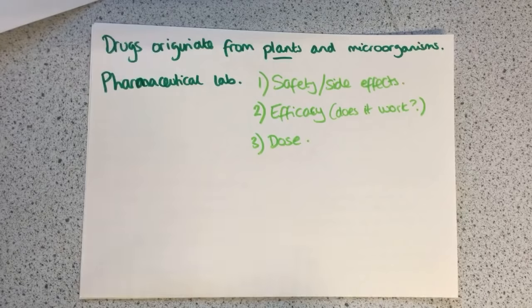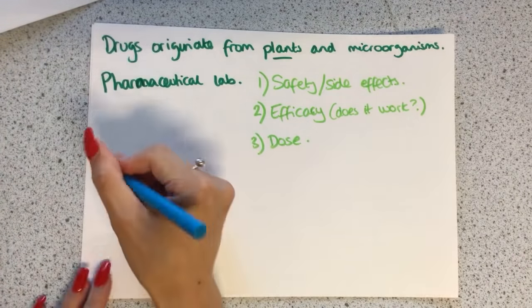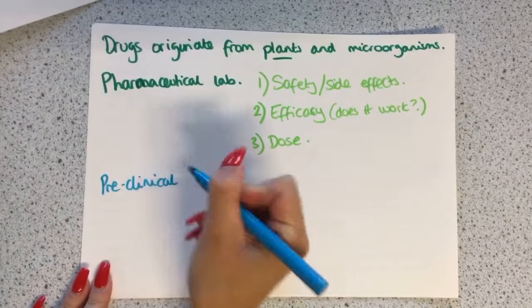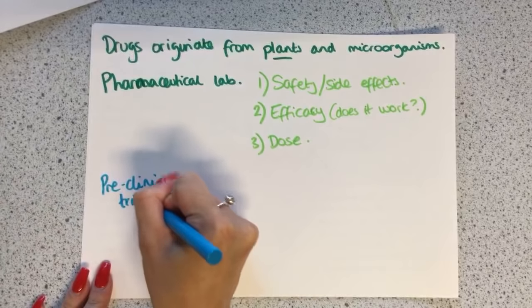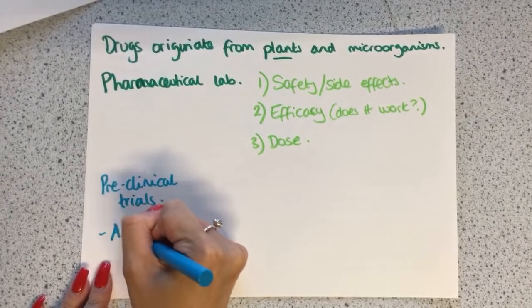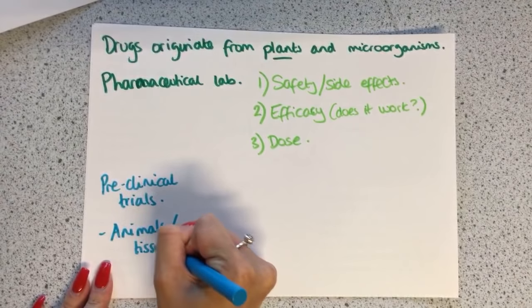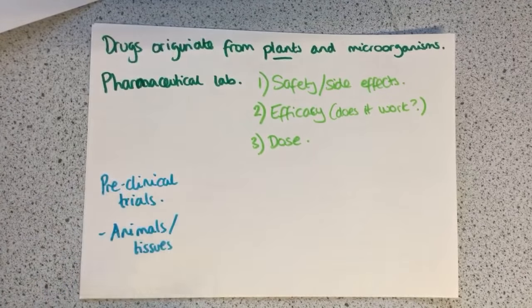So you have to go through different stages of drug testing. Firstly, you have pre-clinical trials. That means before humans, and it must be tested on animals or tissues. Firstly, that is to see if it is safe.